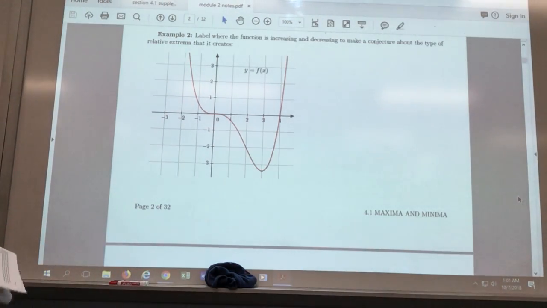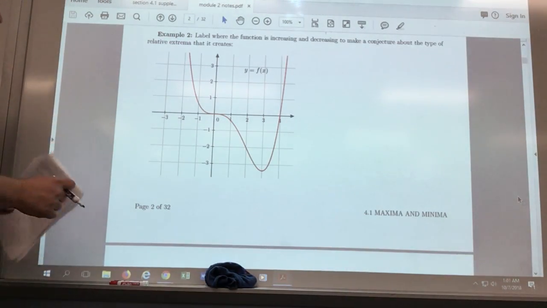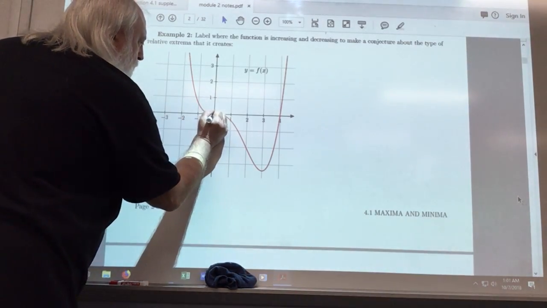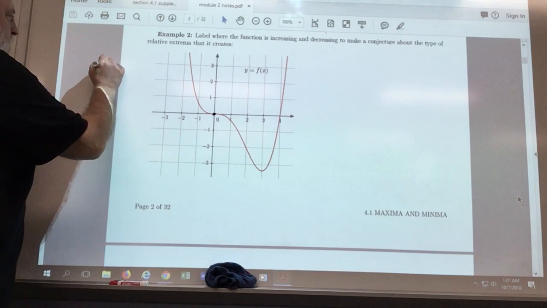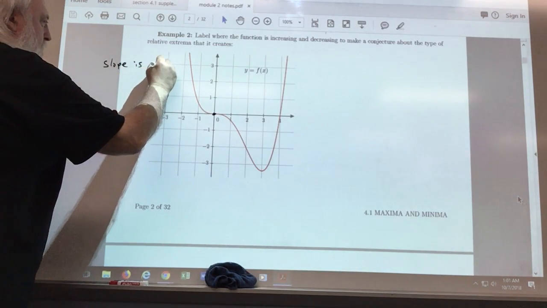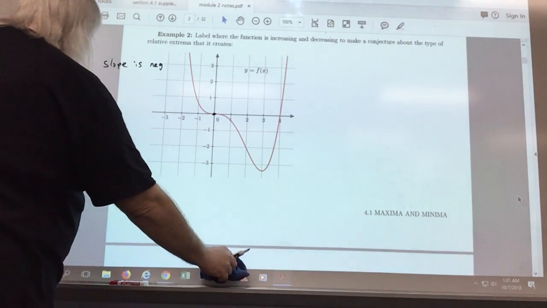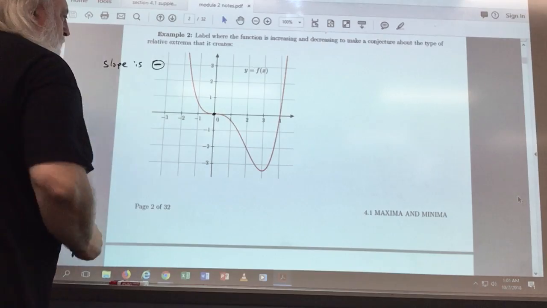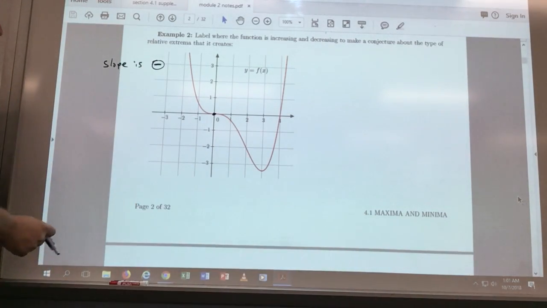And again, looking at the graph from left to right, starting here, going from here down to this point, the slope is negative. And so the values of the function are decreasing, we're going downhill.